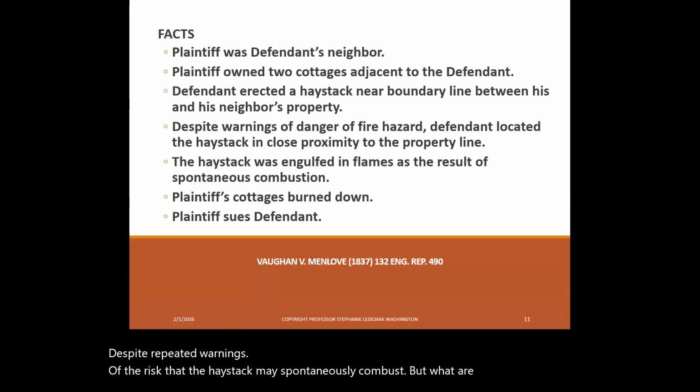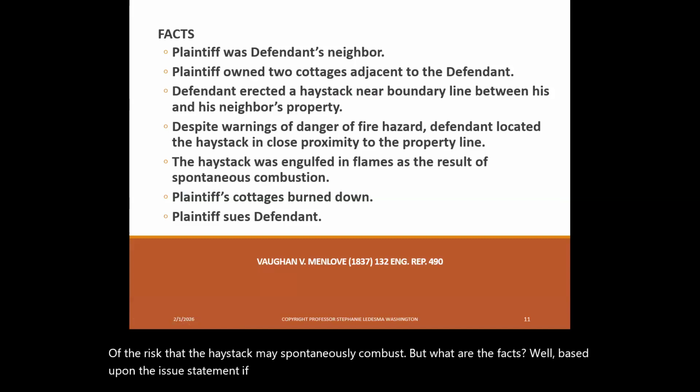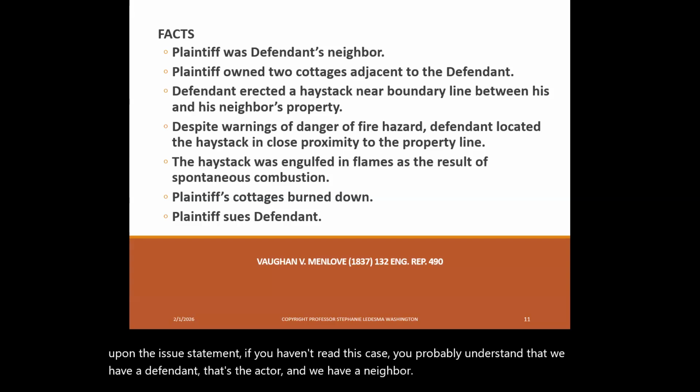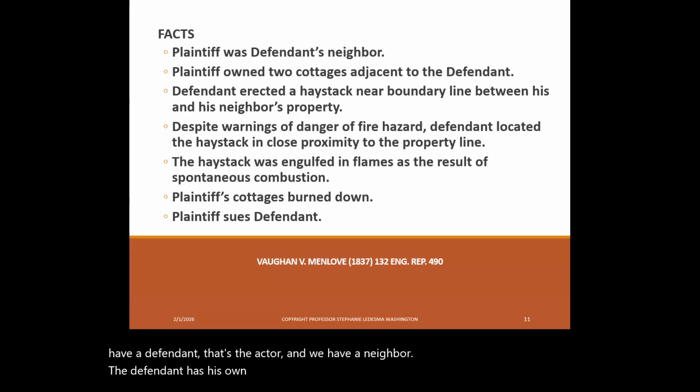Based upon the issue statement, if you haven't read this case, you probably understand that we have a defendant, that's the actor, and we have a neighbor. The defendant has his own property, the neighbor has his own property.